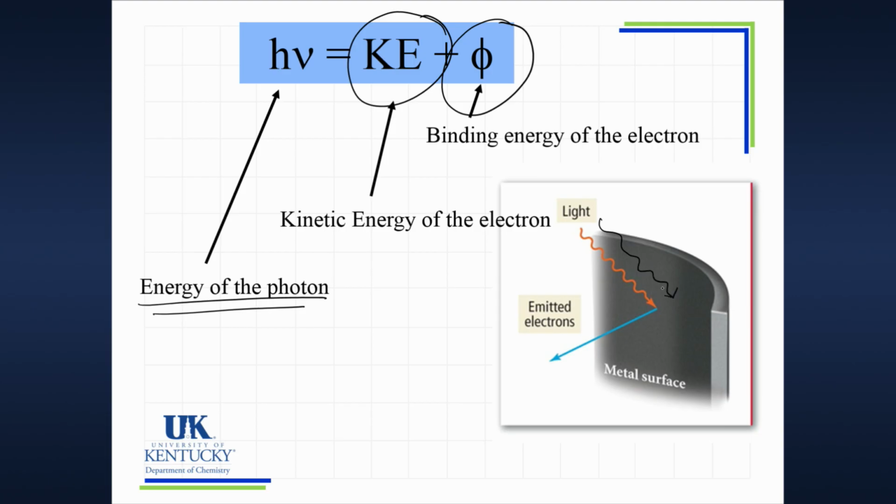You think about that as the soccer player kicking the soccer ball. The higher the energy of the photon, the more energy it strikes with. There is some of that energy that is going to give that electron the ability to leave the surface, and the rest of it is going to give that some kinetic energy.